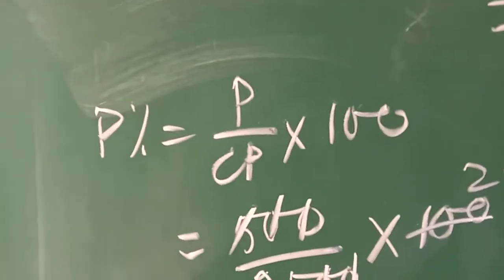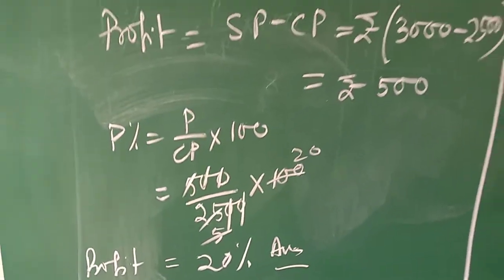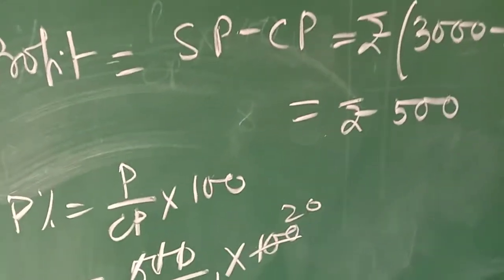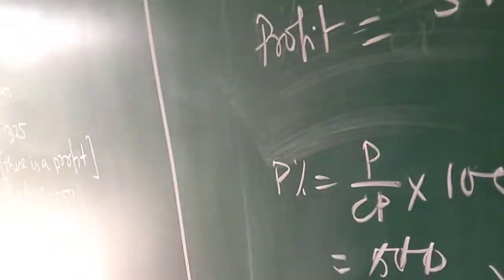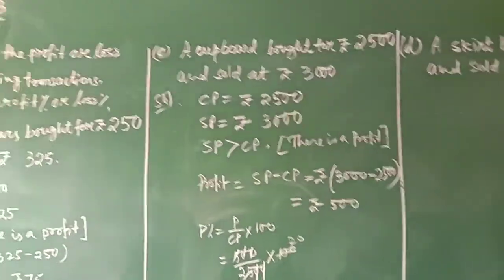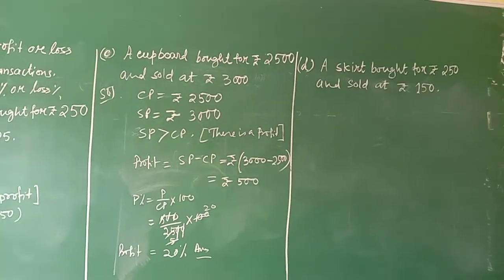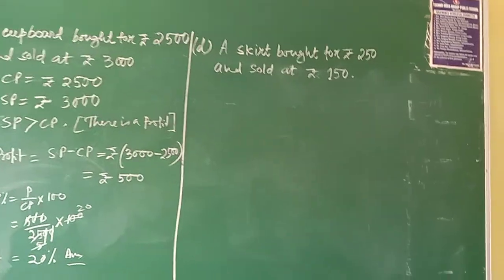Understood? Profit percent is 20%. See the complete sum. Is it clear? Then come to the next sum.